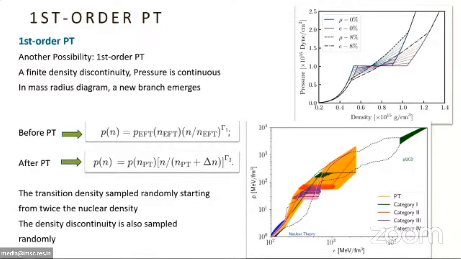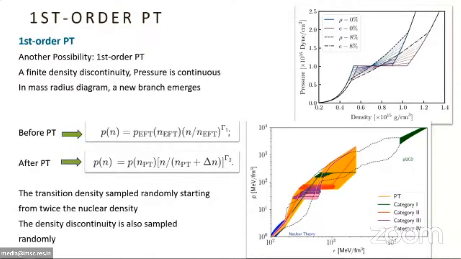If I have a first order phase transition, I can again construct numerous equations of state. These are transition points of different strengths, originating from different points where the phase transition is happening. So these are different types of equation of state.